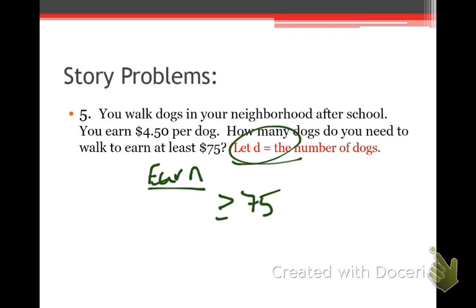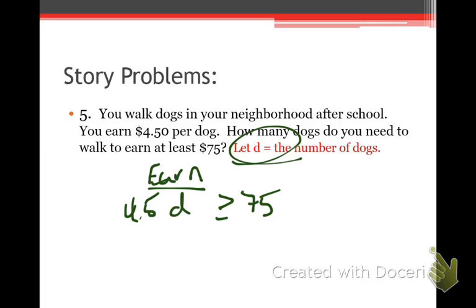Well, what are you going to write down to represent how much you will earn? It's $4.50 per dog. Per is that word again that we're going to use to represent multiplication. So 4.5D is greater than or equal to 75. 4.50 if you want, since it's money.